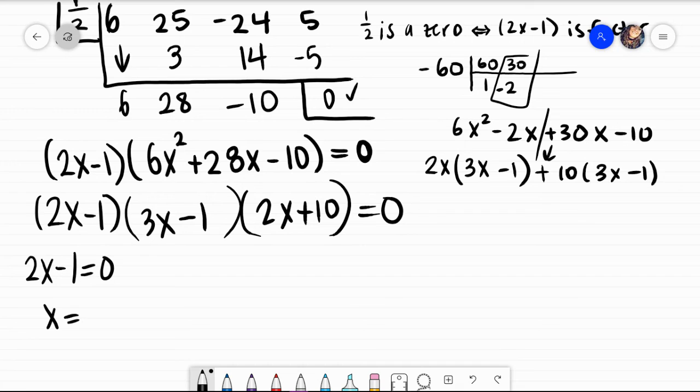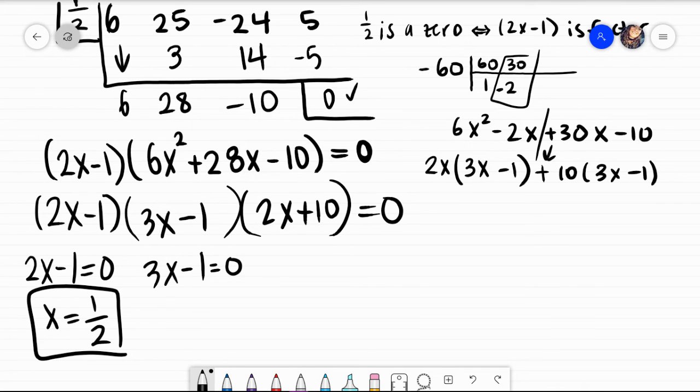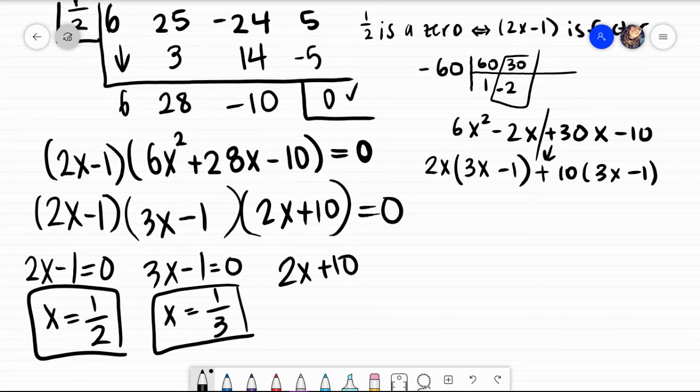I get that my x equals 1/2. If I set this equal to 0, I would get that x equals 1/3. And if I set this equal to 0, I would actually get that my x equals -5.